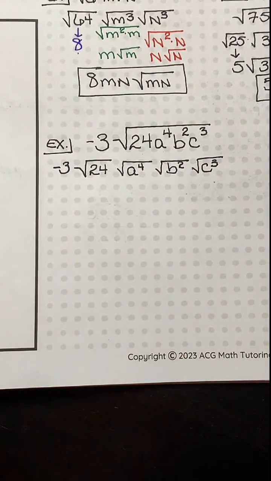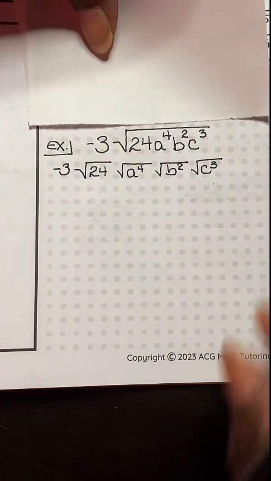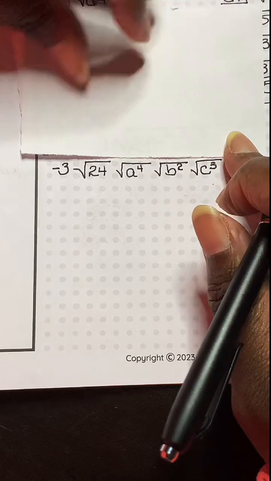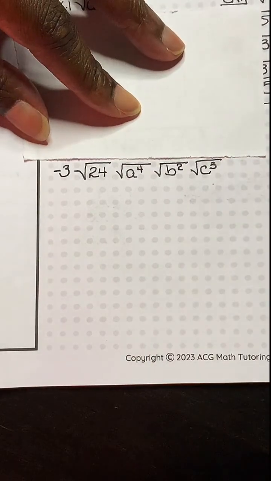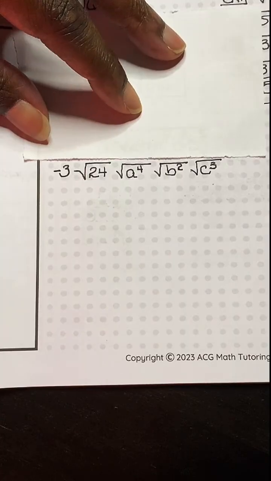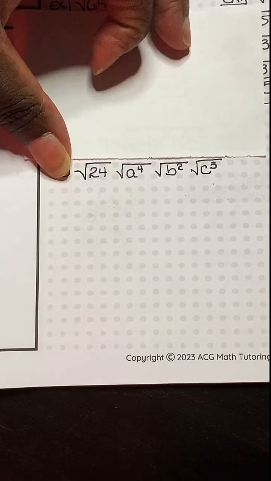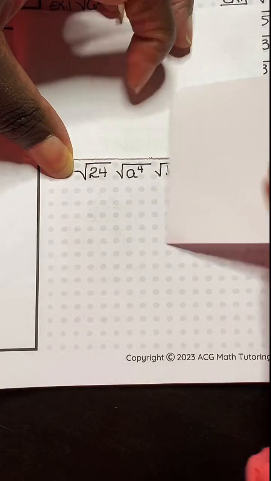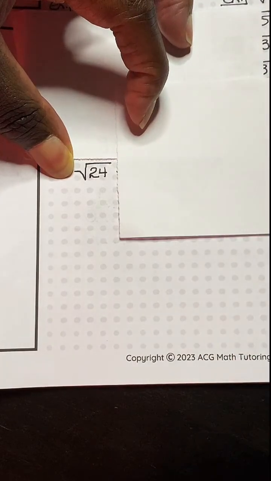Okay? So now we're not worried about what's up here anymore, and we're going to focus our attention down here. For the -3, we're just going to pretend that's not there, and focus on the square root of 24.